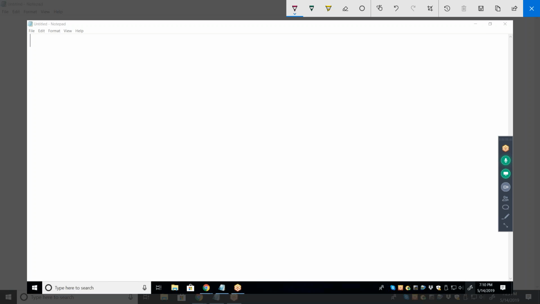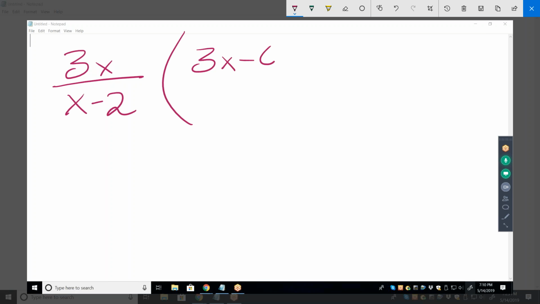So now we're doing multiplication. 3x over x minus 2 times 3x minus 6 over x squared. What's the very first thing you can do?